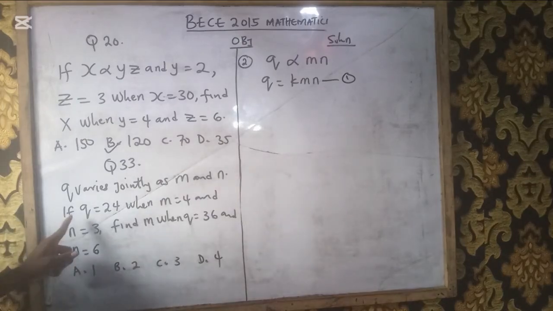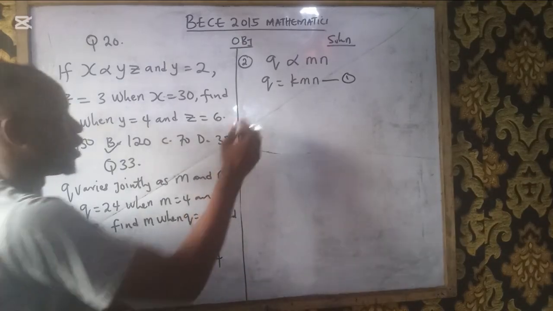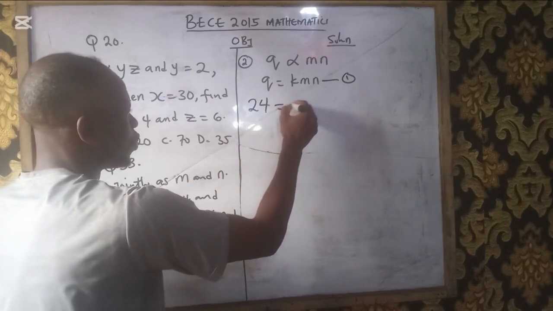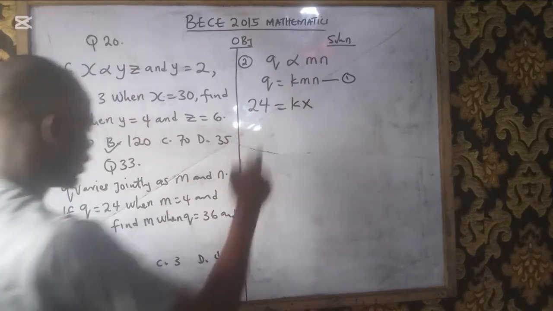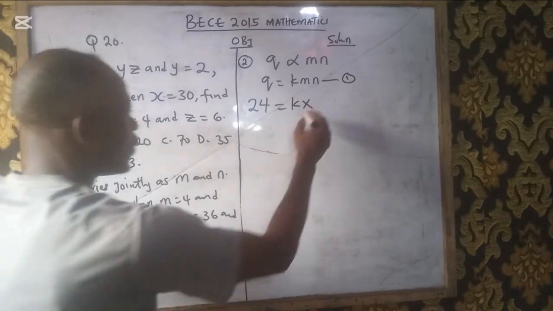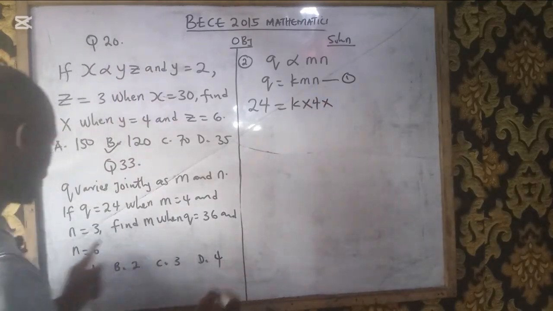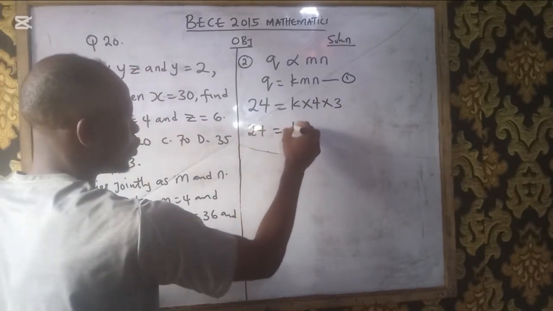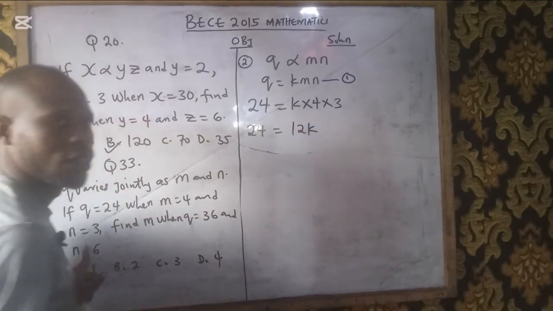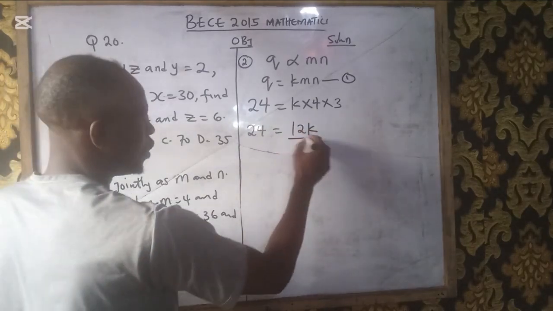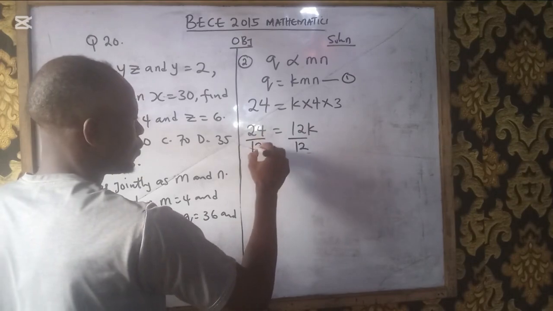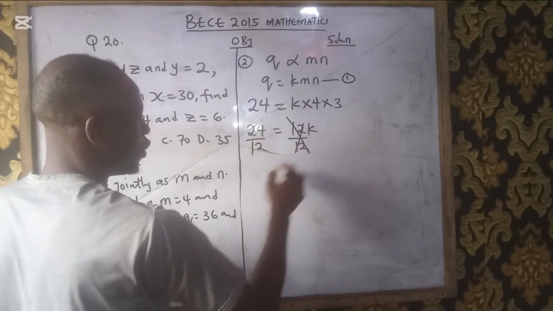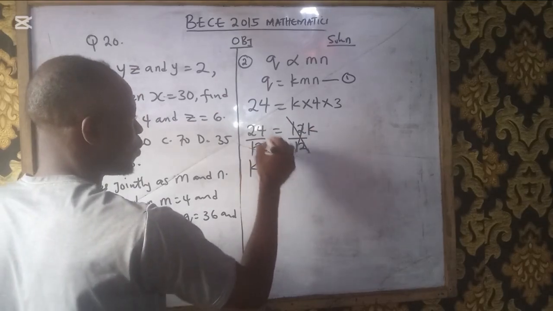Then we go further. If Q equals 24, replace that value there. 24 equals K multiplied by M, which is 4, and N, which is 3. So we have 24 equals 12K. To get the value of K, we divide both sides by 12. This cancels out the whole of this, then K equals 12 here 1, 12 here 2.